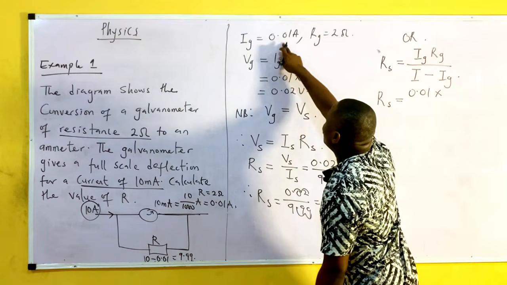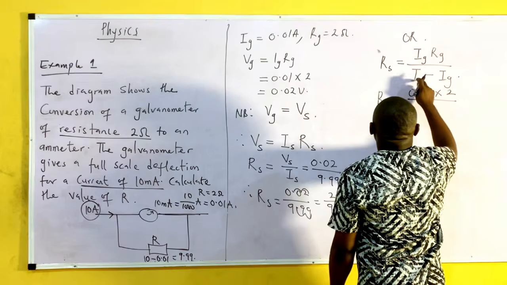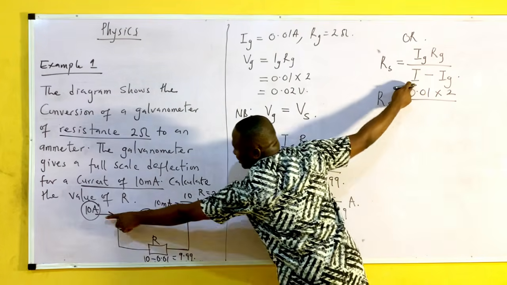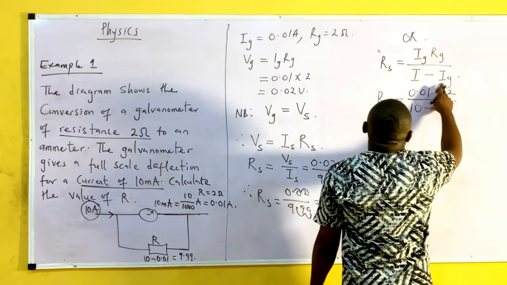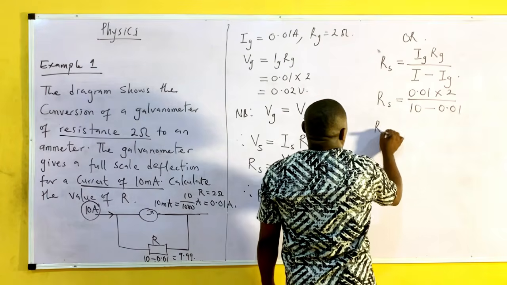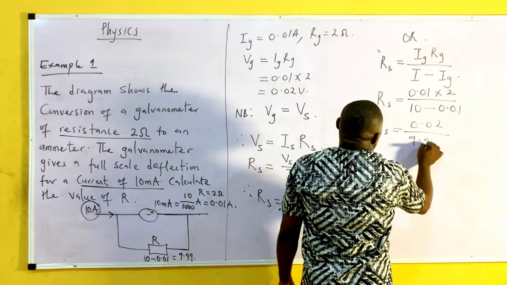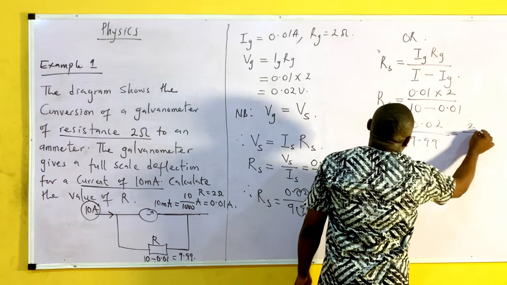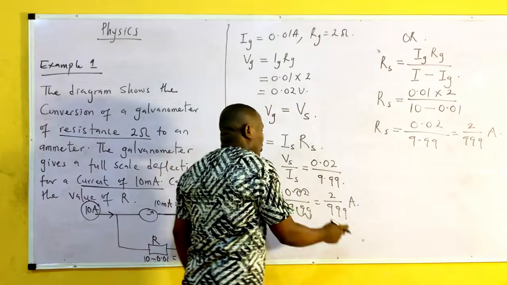The total current coming, from the diagram, is 10, minus the current of the galvanometer, 0.01. So R is equal to 0.02 over 9.99. The answer is 2 over 999 ohms, the same as what we got.